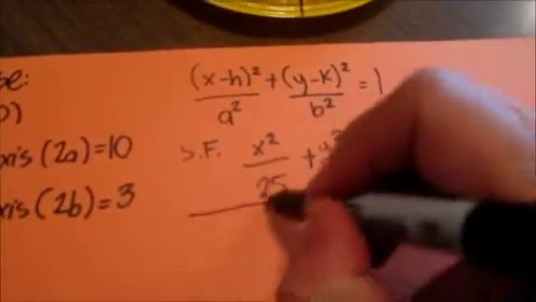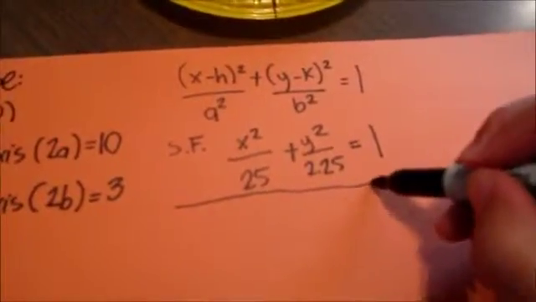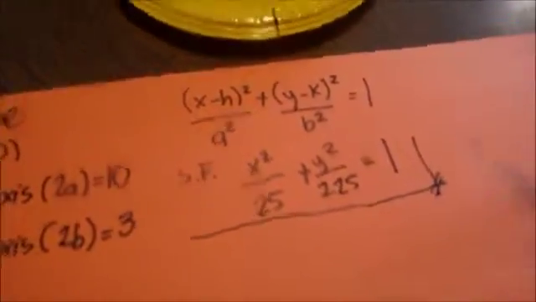This is your standard form for the equation of the ellipse of the Twinkie.